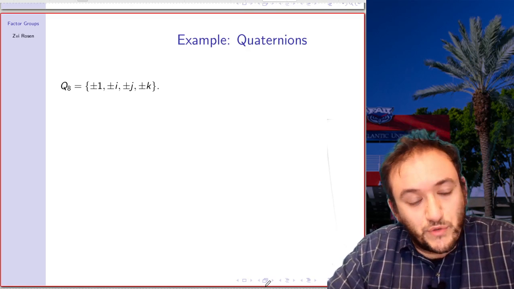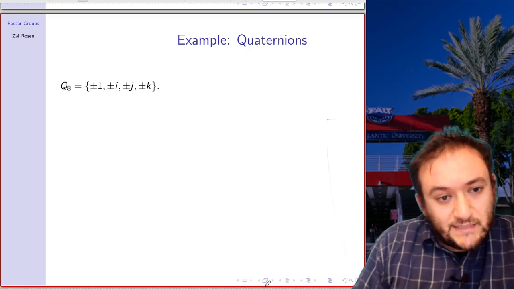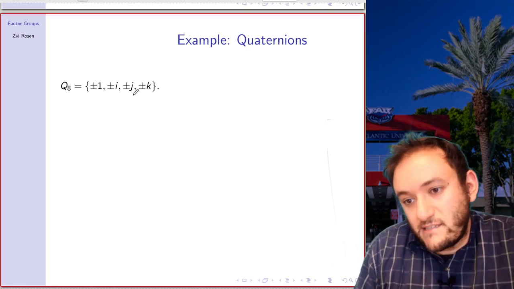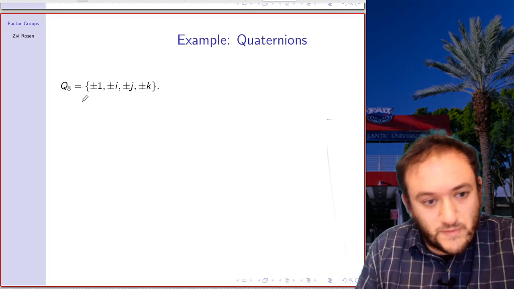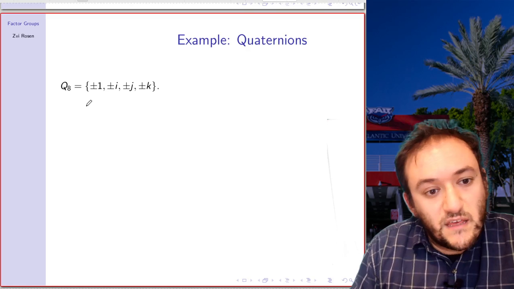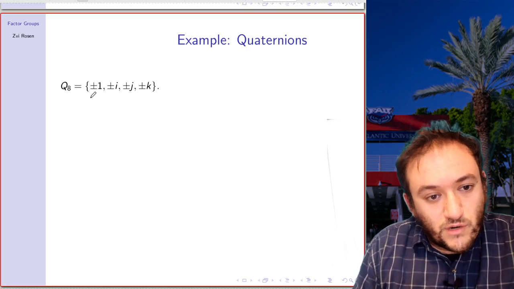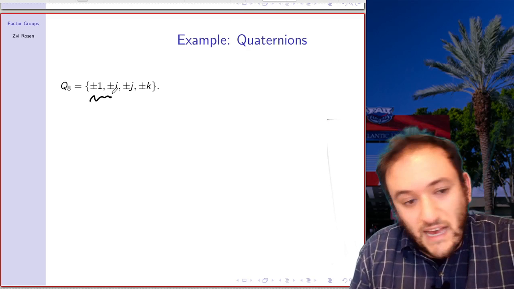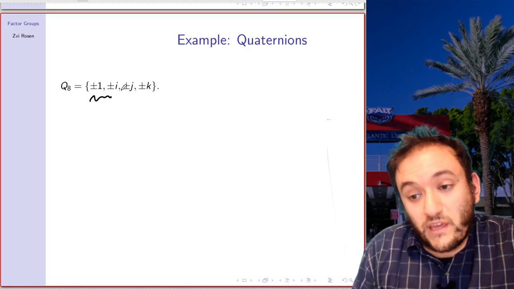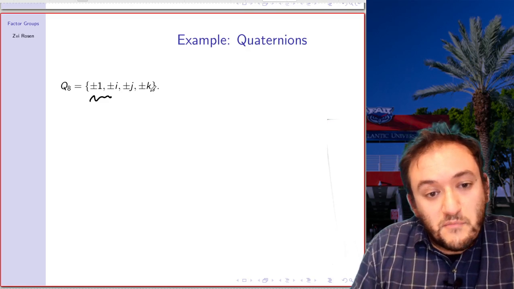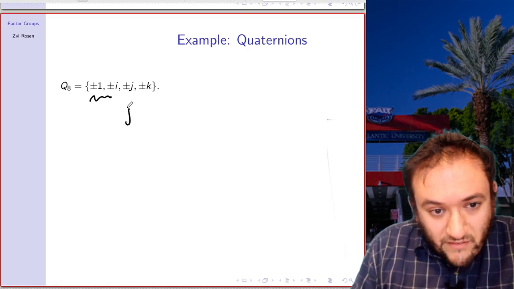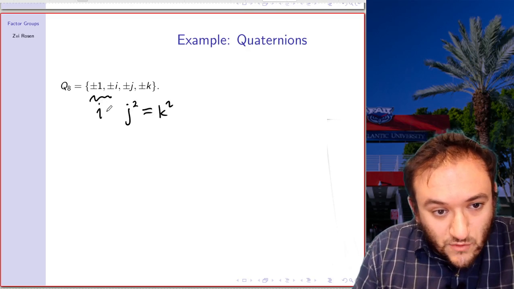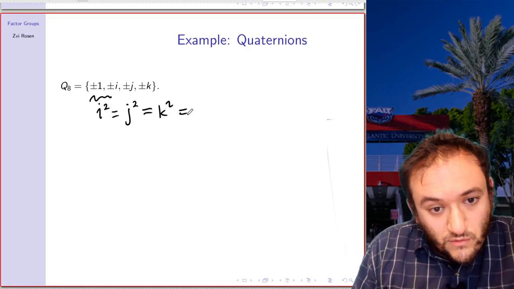This is the group of unit quaternions, and this is a special group with respect to its normal subgroups, and we'll talk about that. So the way the quaternions work, we have plus and minus 1, plus and minus i working the way we're used to in the complex numbers. But we have j squared and k squared, like i squared, also equal to minus 1.